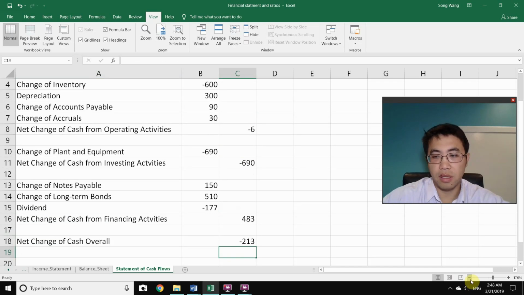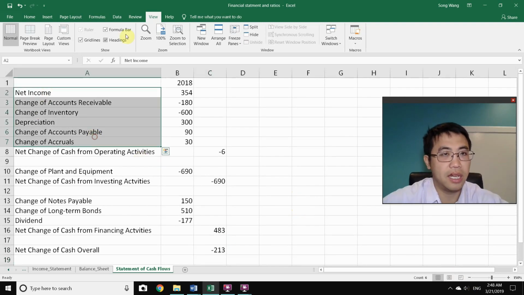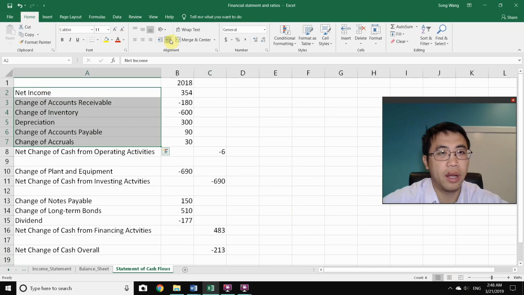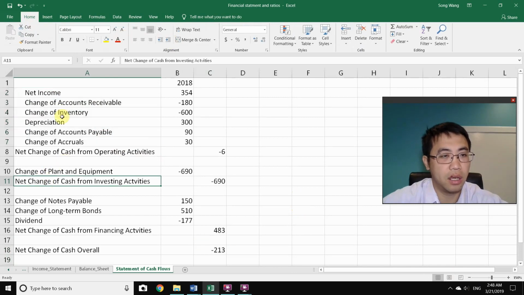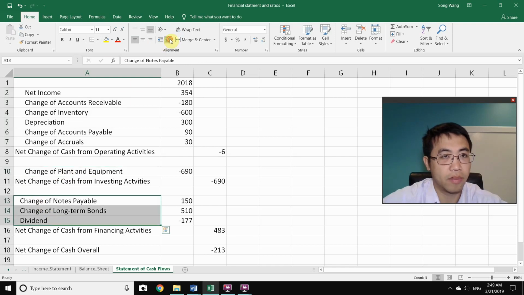All right, so this is the overview of my statement of cash flows, and I can just increase some indent there, home button, and then increase indent, and then here increase indent 1 2, and here 1 2.